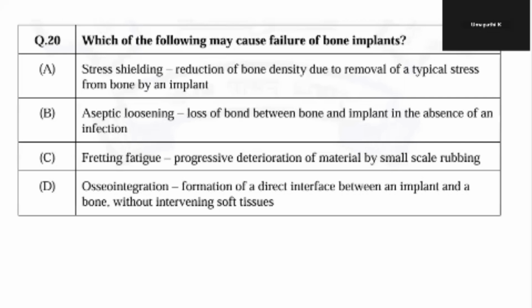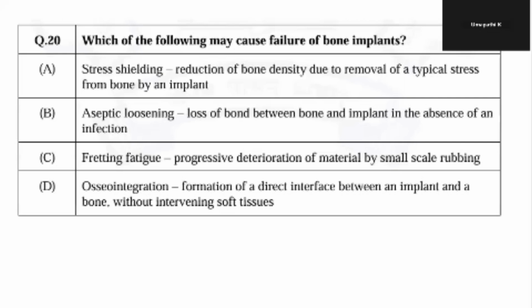So from this we can understand that three options are causes of failure of bone implants. The other one, D, is a positive thing. It does not make a failure of bone implants. So we have to select A, B, C. All three answers are correct for this question.